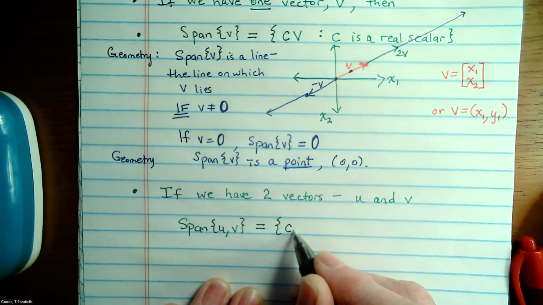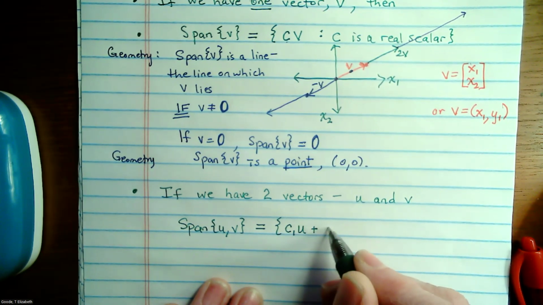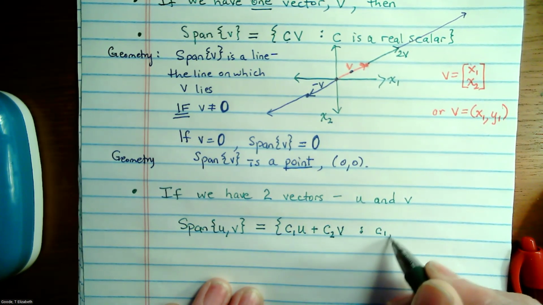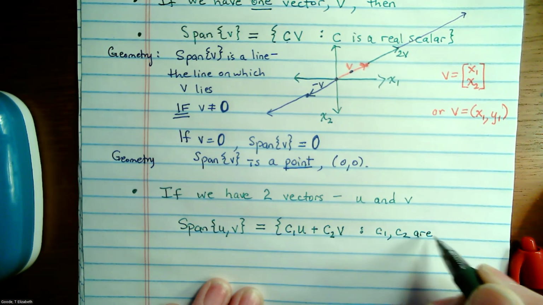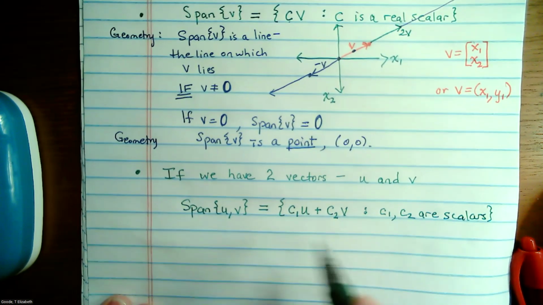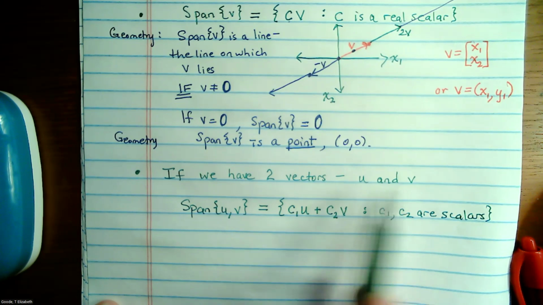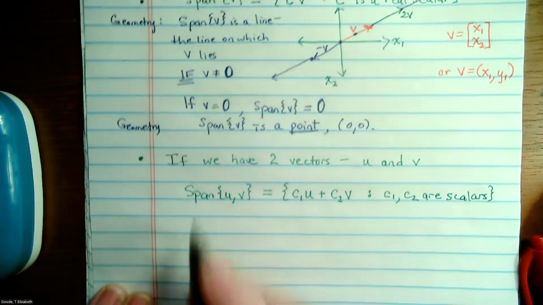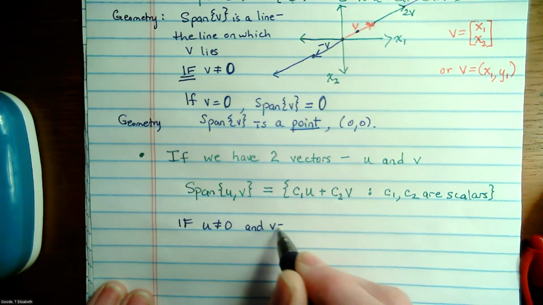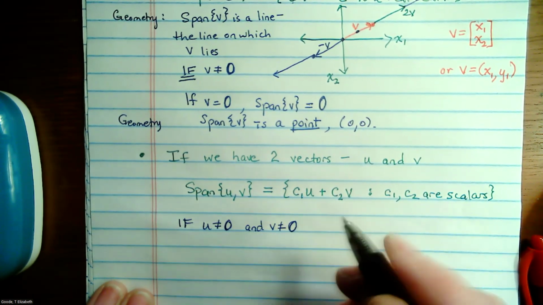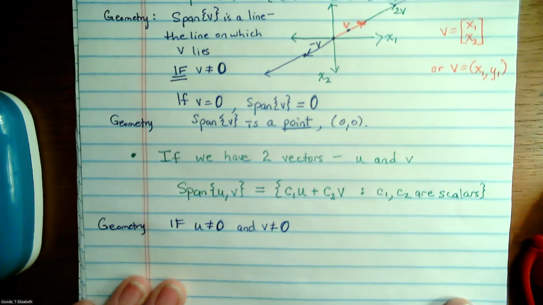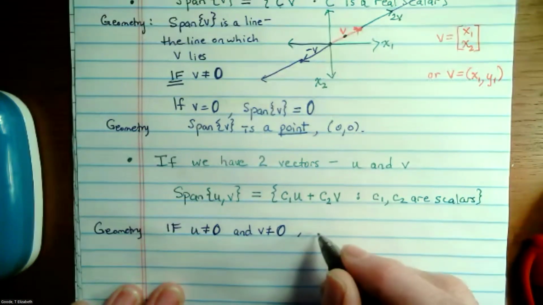It's the set C1 times U plus some weight, call it C2, times V, where again, C1 and C2 are just real scalars. And so if U is not equal to zero and V is not equal to the zero vector, then the geometry of the span of two vectors is the plane.